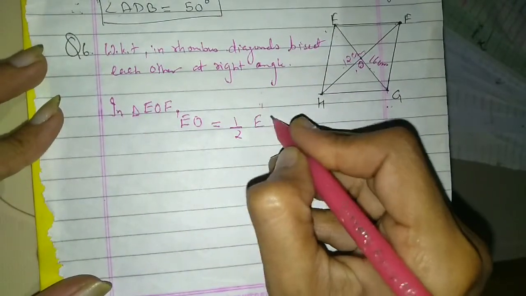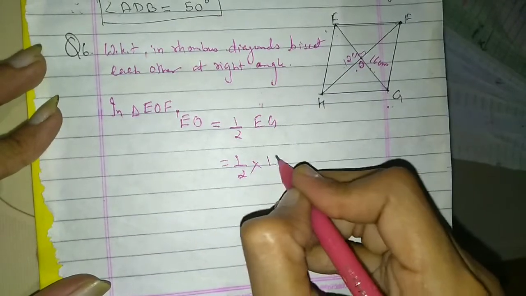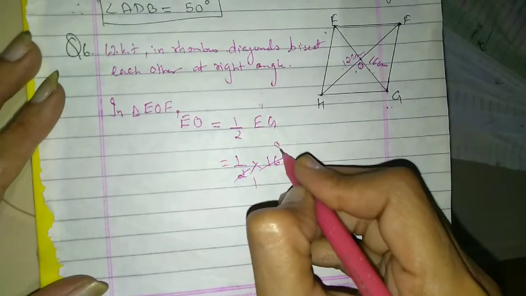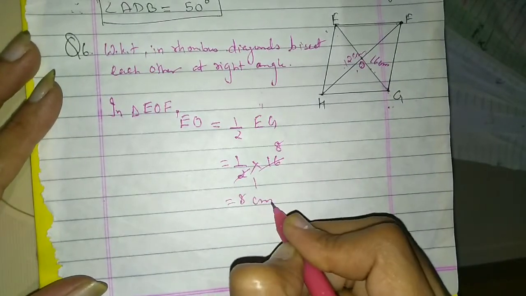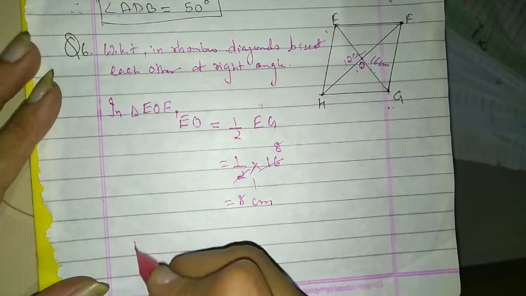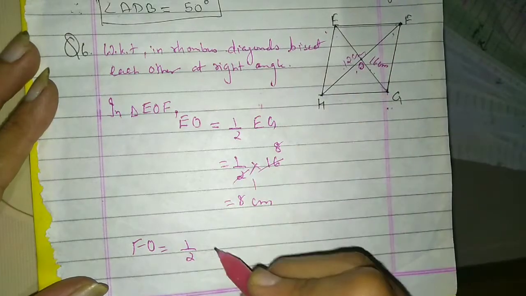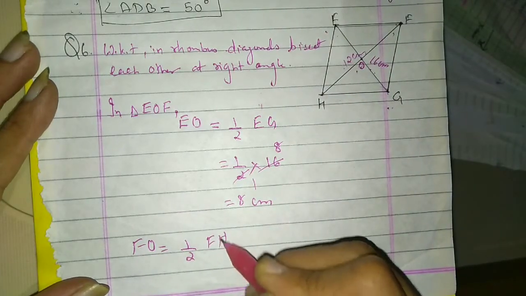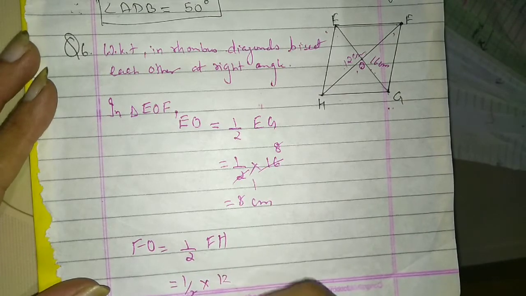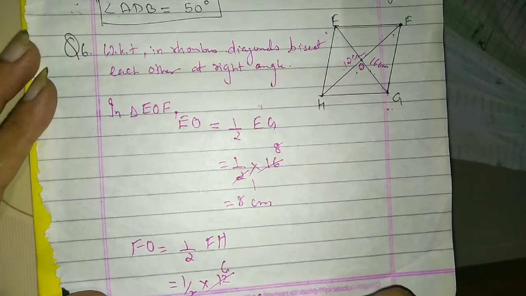Half of 16 centimeter, 2 eights are 16, so equal to 8 centimeter. And FO equal to half of FH, so half of 12, 2 sixes are 12, so the answer is 6 centimeter.